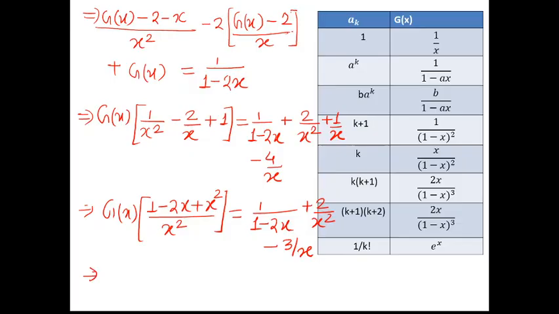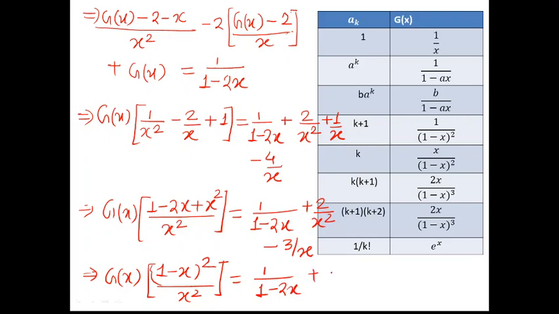So we have this implies, now you can see here 1 minus 2x plus x square is nothing but 1 minus x whole square. So we write it as 1 minus x whole square upon x square equal to, it is 1 upon 1 minus 2x plus 2 by x square minus 3 by x.